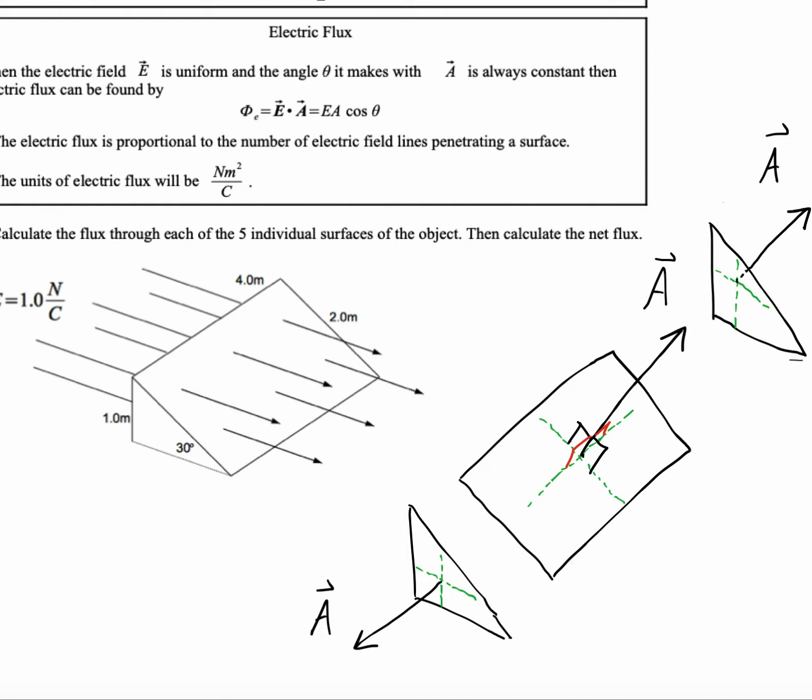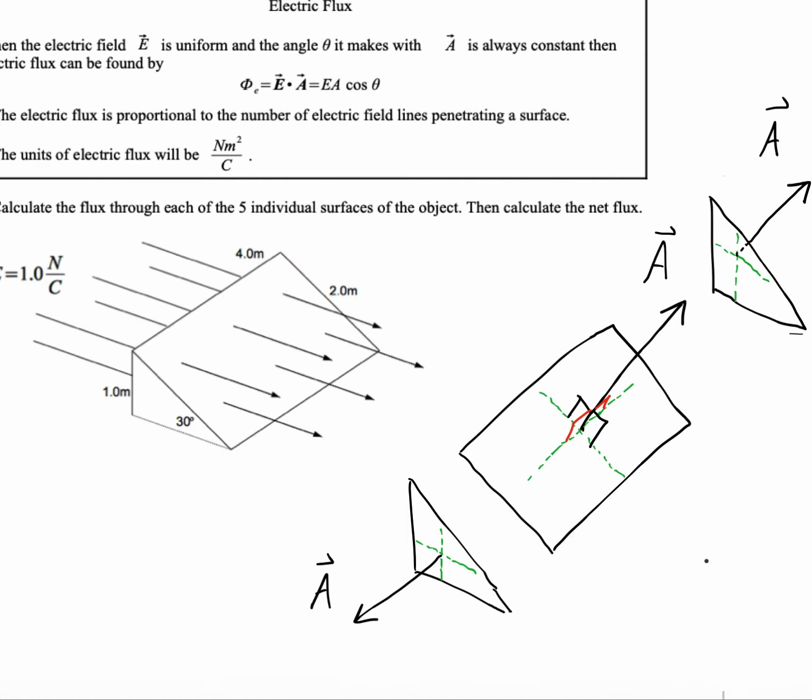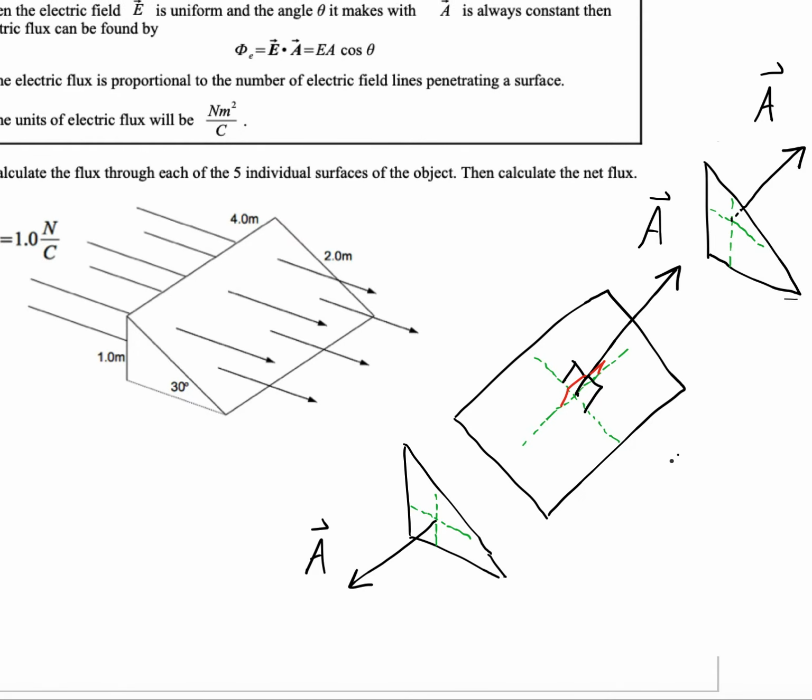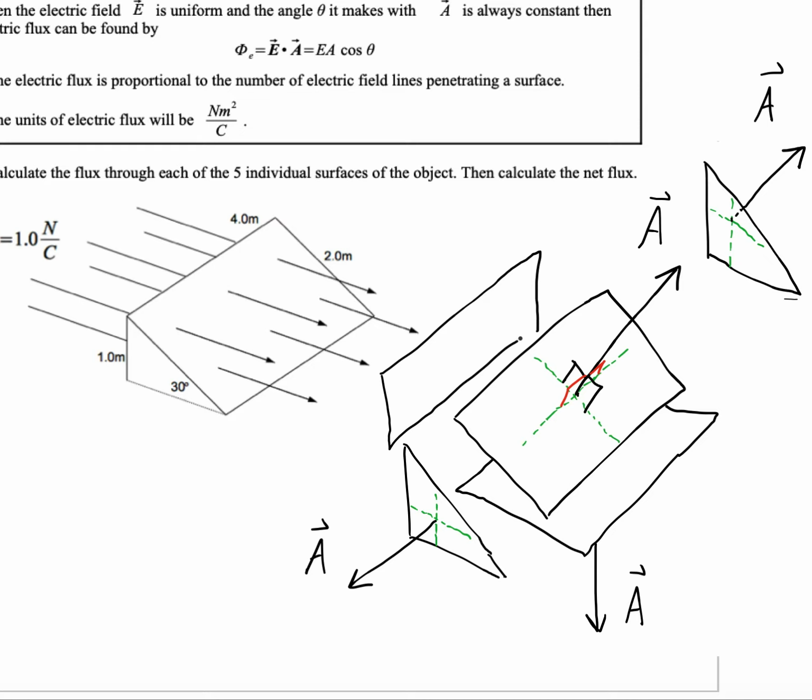This part can't be seen. We will have a bottom surface. That shape's area vector points down. And one more surface on the back side of it. And those are all the 5 surfaces.